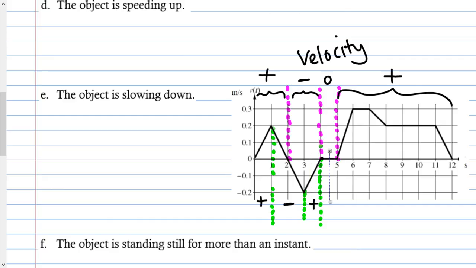So positive. From 4 to 5, nothing's happening because we're at rest. We're at rest, therefore acceleration is 0. It's not accelerating, right?